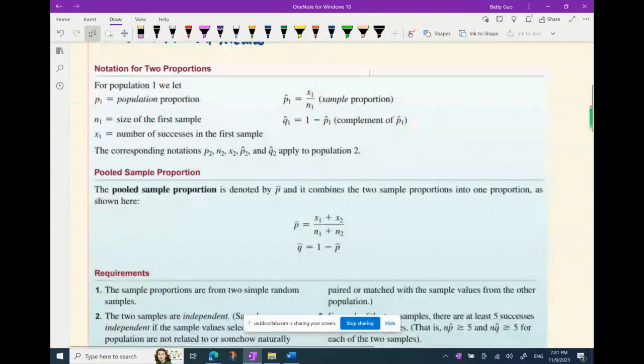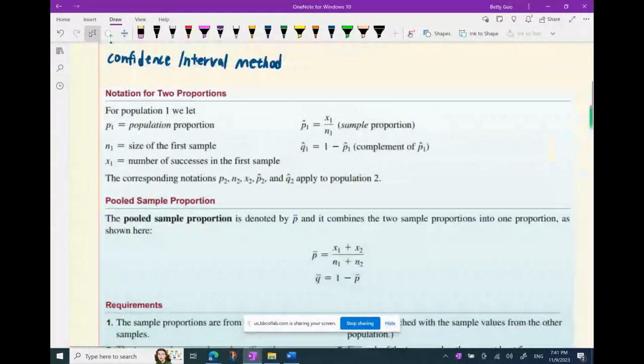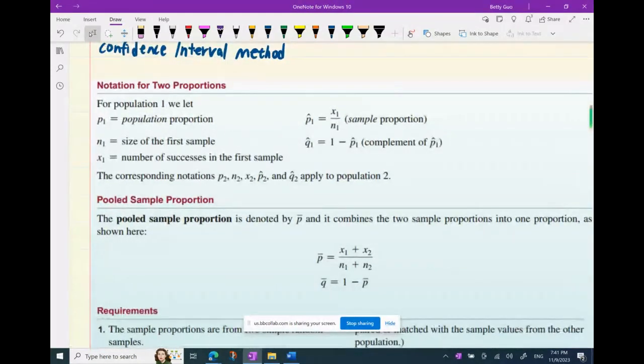So we have some notations to get to know. We have two samples, so a lot of information. So P sub 1, basically, we use the subscript 1 to represent samples from the first population, and everything with the sub 2 represents the statistics from the sample that we get from the second population.